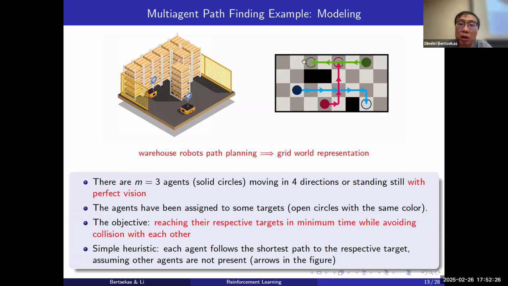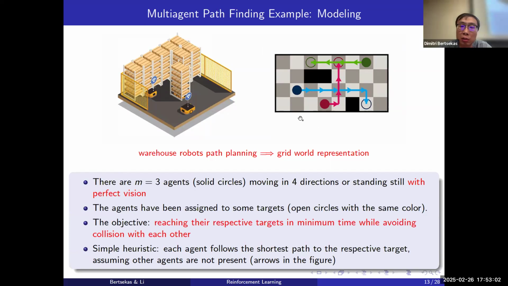Similarly for this one, move all the way to the left, and the blue one moves all the way to the right and makes a right turn. But of course, this is a fantasy, assuming all the other agents are not present. Given that they share the same physical space, blindly following this heuristic can lead to collision. And also here, this solid black means some static obstacles.